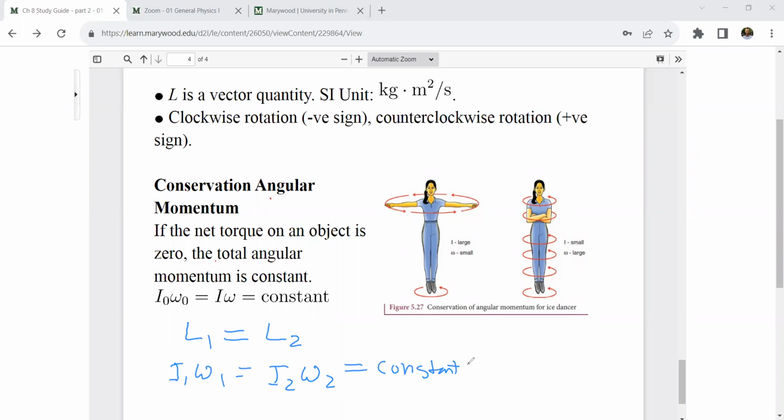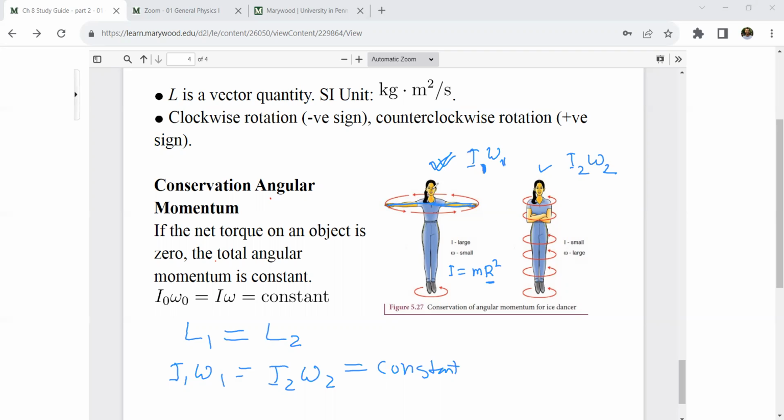For example, here this lady is the system. In this position, the I and omega are different from I and omega here. So let me call them I1 omega 1 and I2 omega 2. In the first picture, I is large, because I is m r square and r is large for some particle, at least.